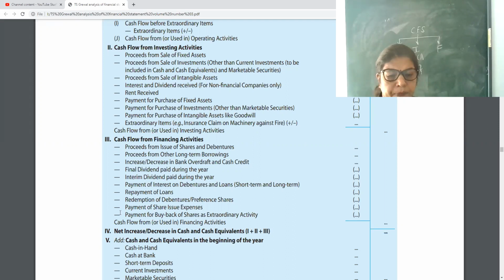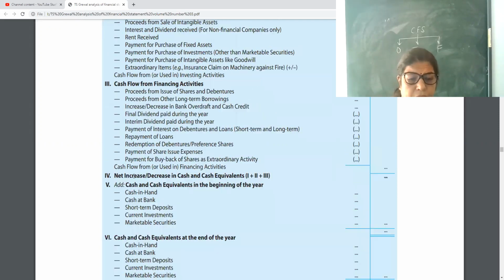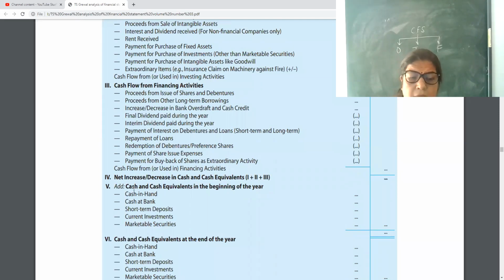Then we add cash and cash equivalents of the beginning. Now what is cash and cash equivalent? Already I explained to you: cash in hand, cash at bank in liquid form, short-term deposits in the bank which you can withdraw, current investments and marketable securities.